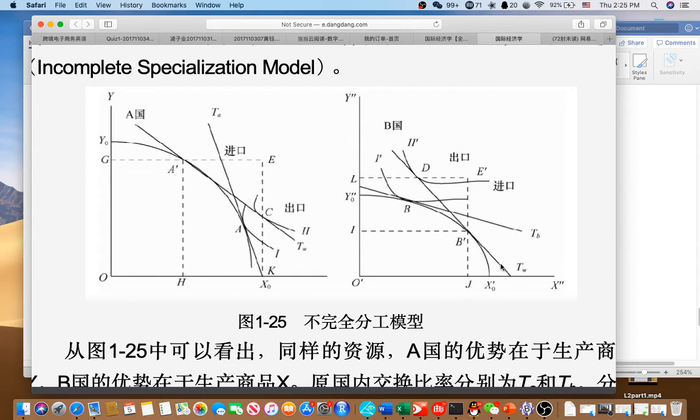After trade, the indifference curve shifts to 2 prime. It intercepts the PPF at B prime. The intercept connects B prime and D with the slope at TW. This slope increases from TB, and the volume of export is the difference between E prime and D, the consumption point and the production point.